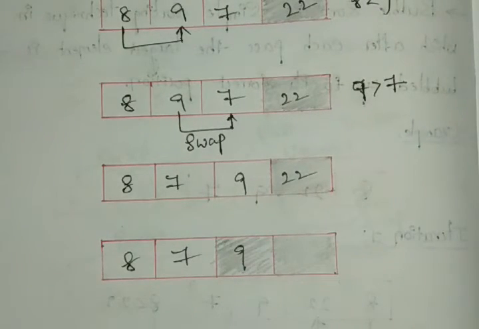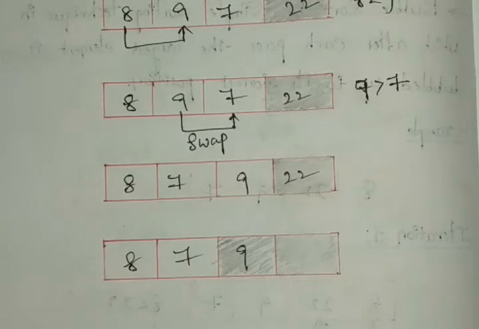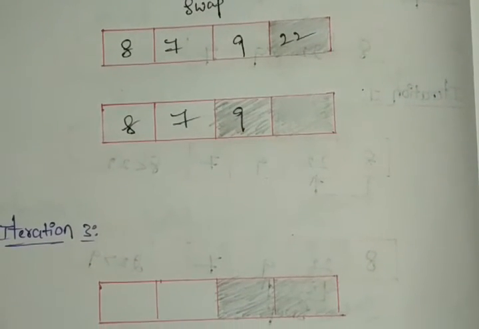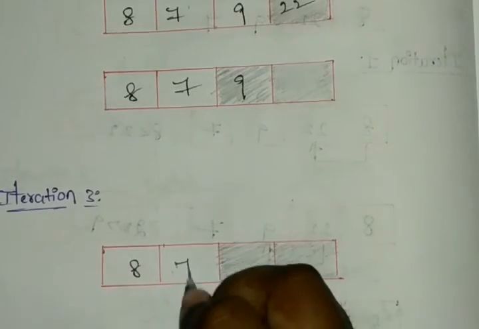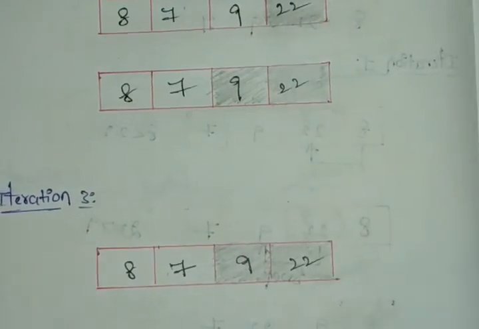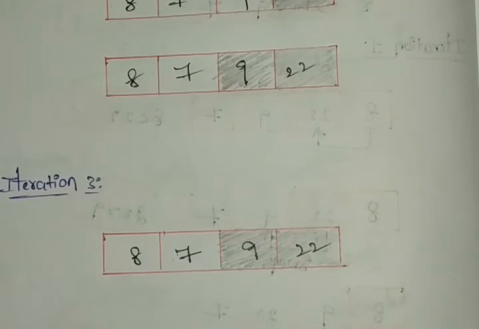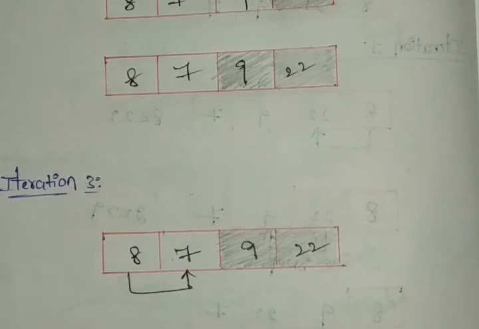And next, in iteration 3 we pass over the same values. At present in iteration 3 we have 8, 7, 9 and 22. Now we check the first element with the second element.